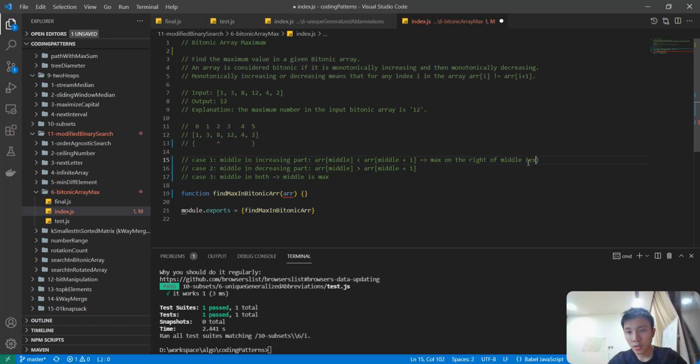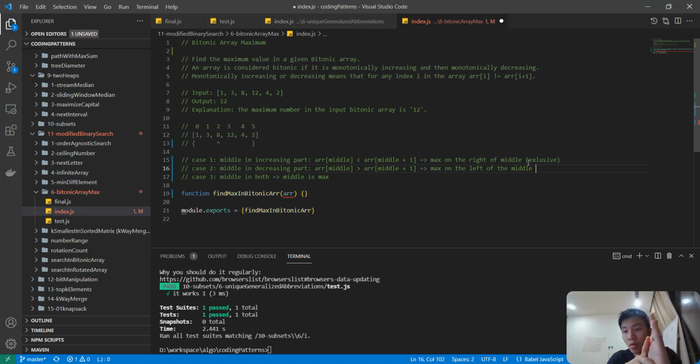Here it is exclusive, the max is on the left of the middle. Okay, on the left of the middle.